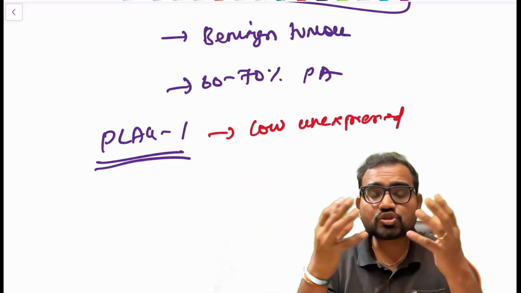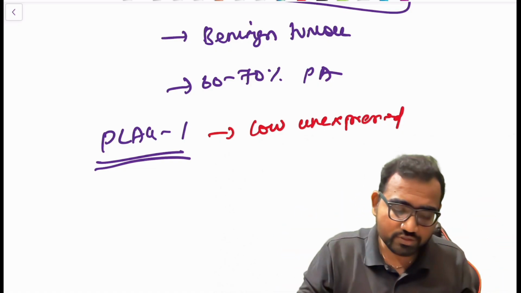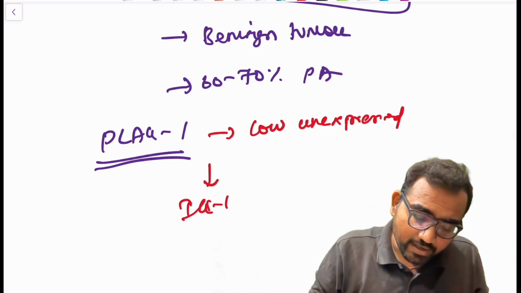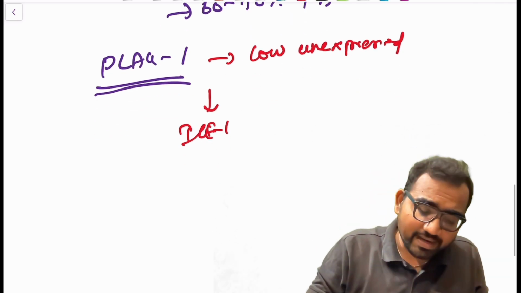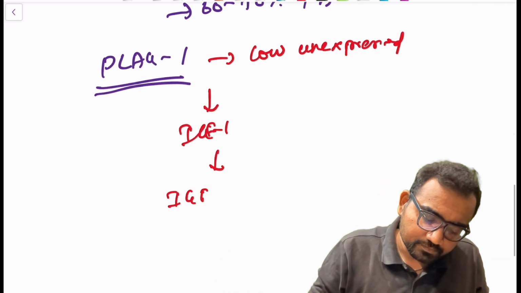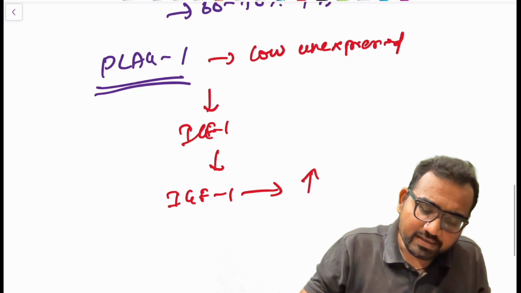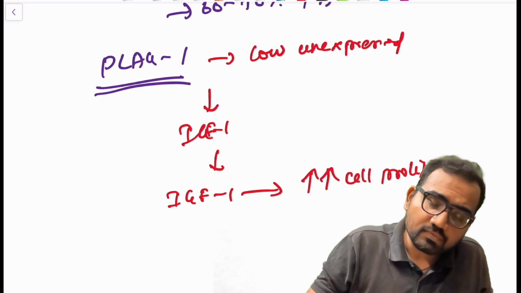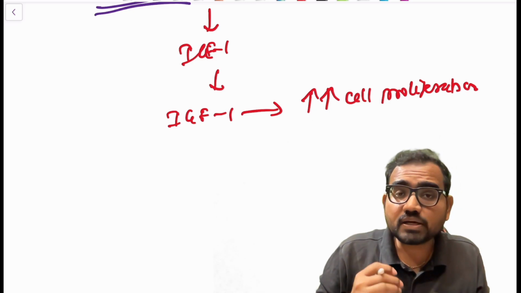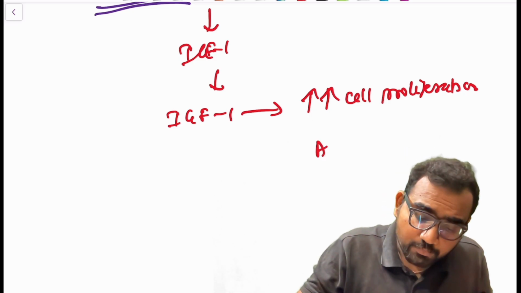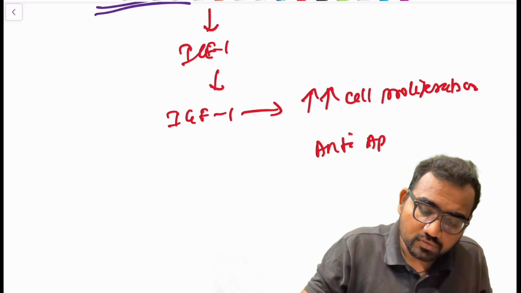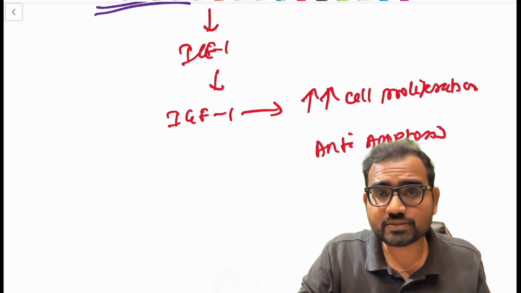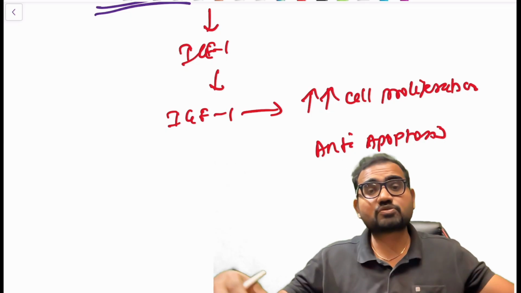It is going to get stimulated, and it is going to induce insulin growth factor, IGF1. This IGF1 is going to result in increased cell proliferation, and anti-apoptosis will be induced. So the physiological cell death is not going to take place, and at the same time the cells proliferate.